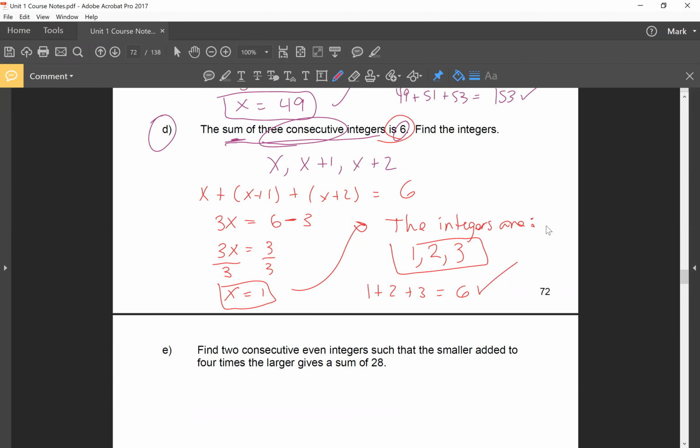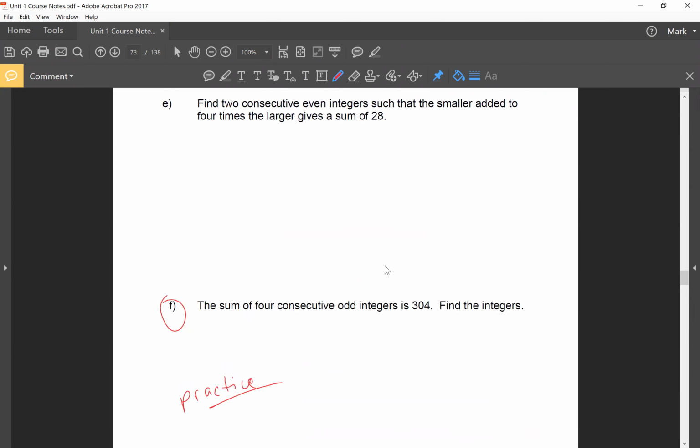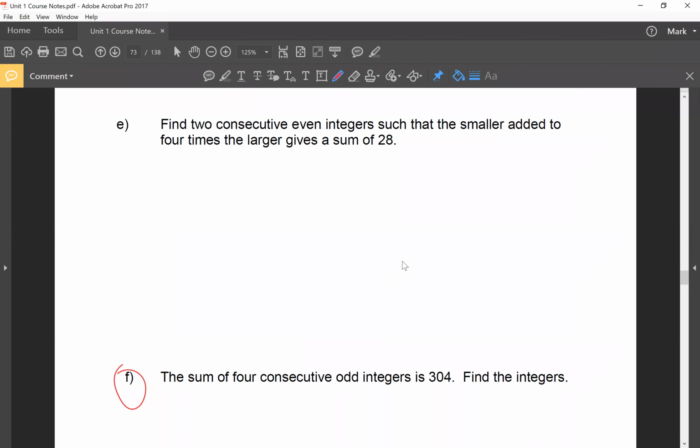Okay, finale. Now, guys, if any of you are having trouble with this, feel free to practice with these two. But let me show you one crazy one. This is a really challenging one to challenge you. I don't think you would see a question like E on a test or an assignment, but E is a great challenge to see if you really understand this topic.